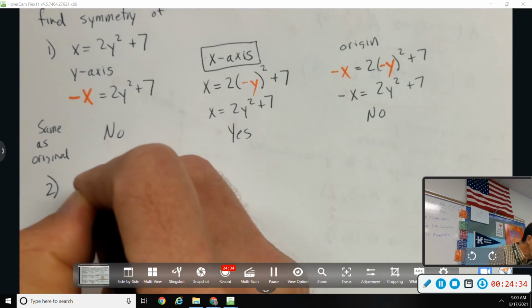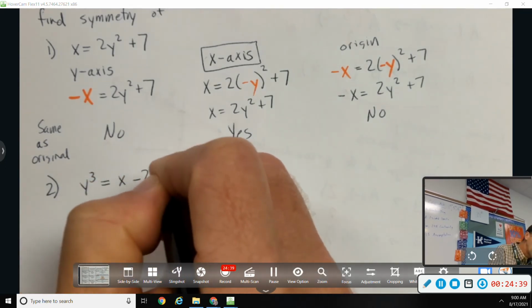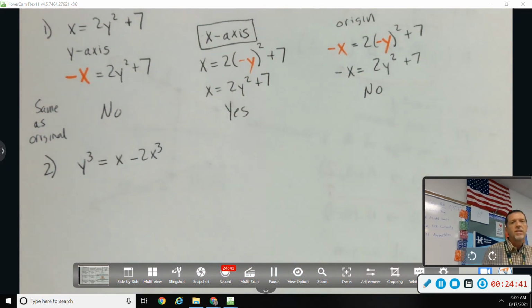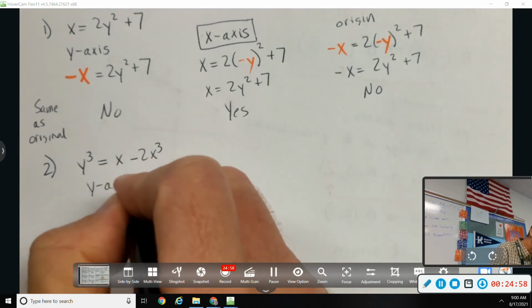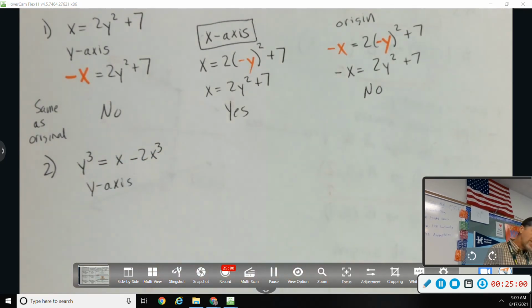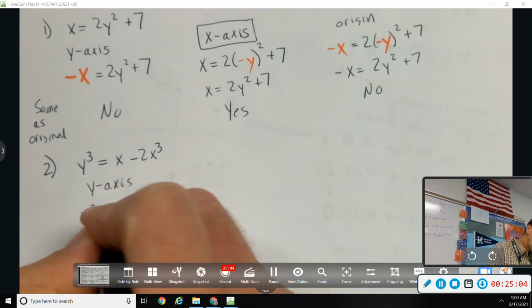All right, let's try y cubed equals x minus 2x cubed. Any guesses on what kind of symmetry that may or may not have? Just hesitant, which is fine. It's only our second example. So let's go through them and see what happens. So the y-axis test is negative x in for x.